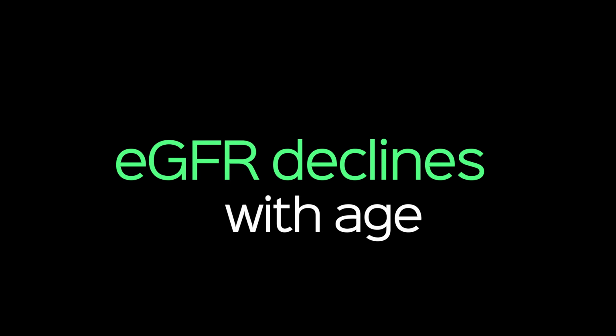eGFR declines with age. eGFR gets lower with age, even in people without kidney disease. The older you are, the lower your eGFR. The eGFR calculation accounts for age.